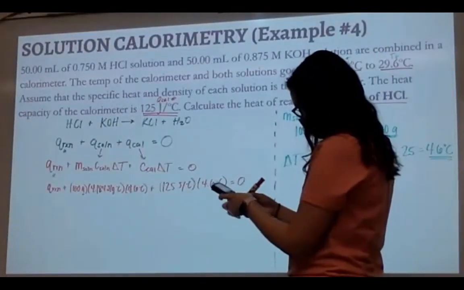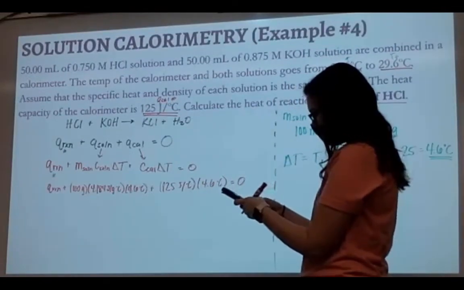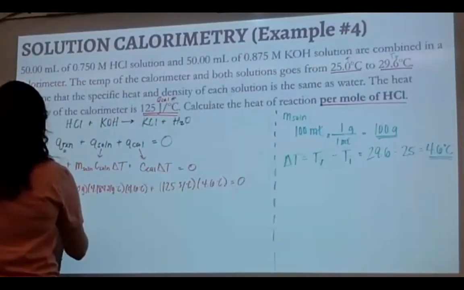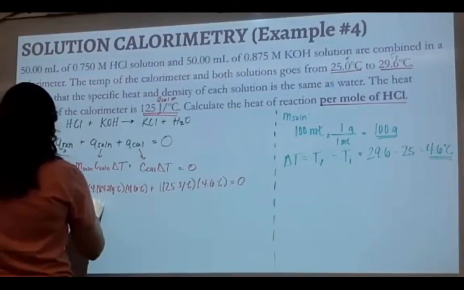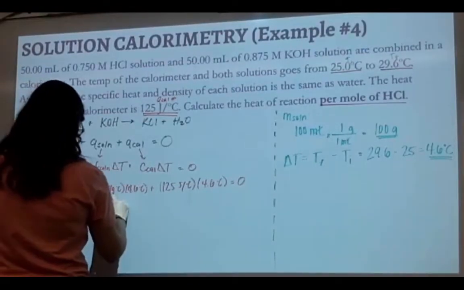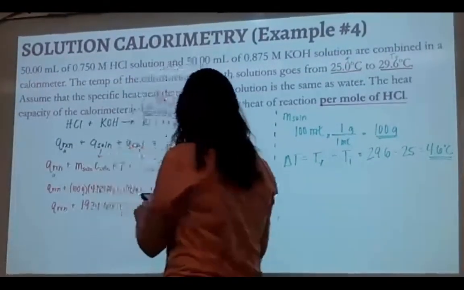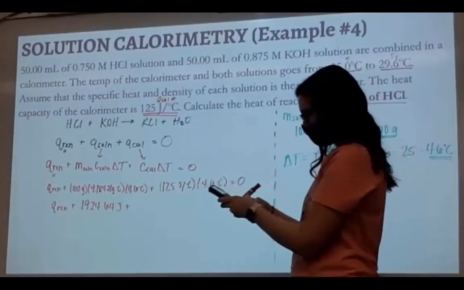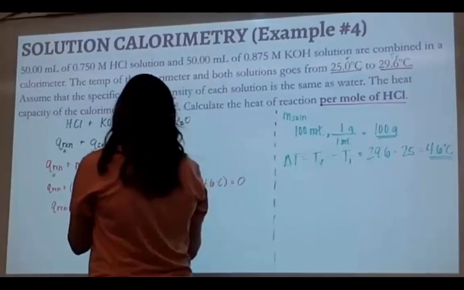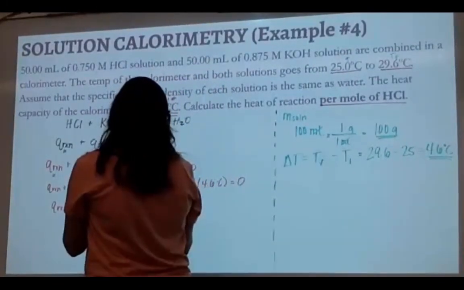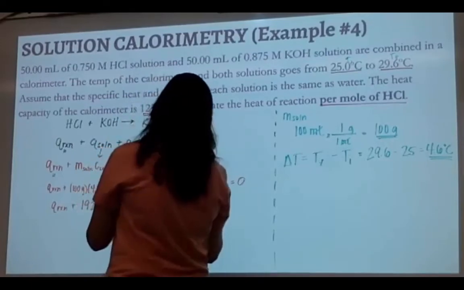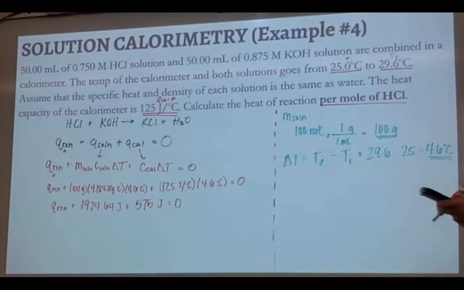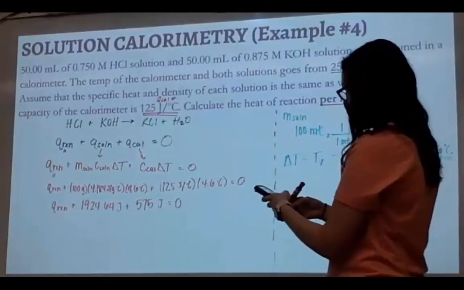So 100 times 4.184 times 4.6 is 1924.64 joules, plus 125 times 4.6, which is 575 joules, and then it just becomes algebra. Plus 1924.64.